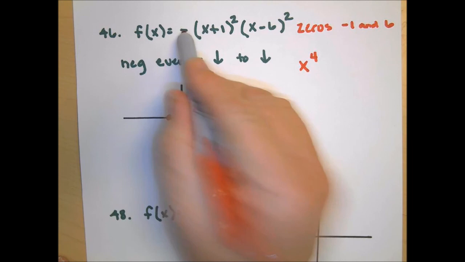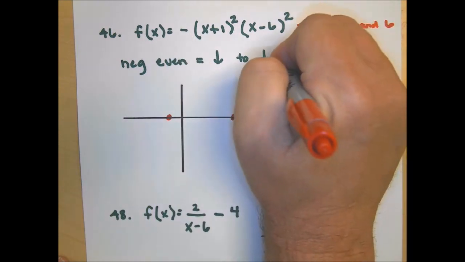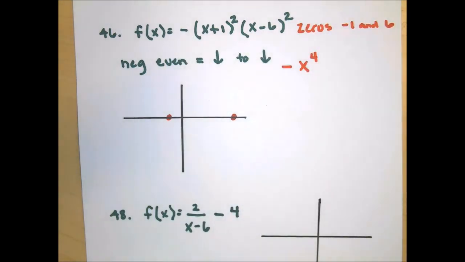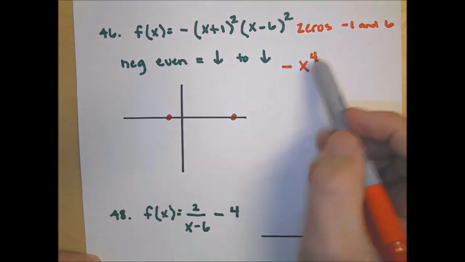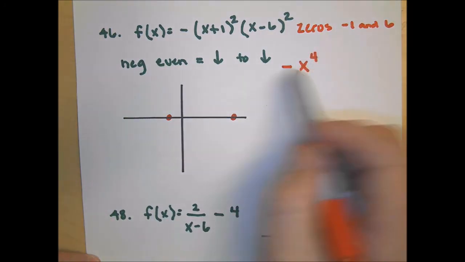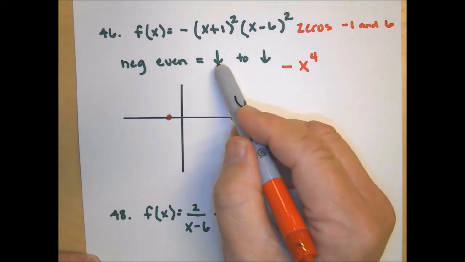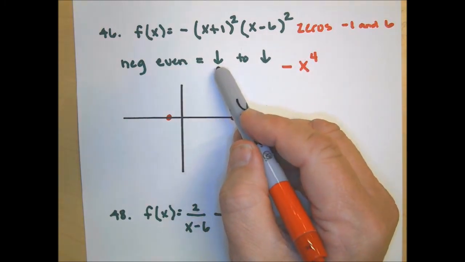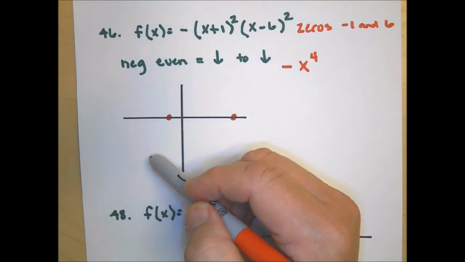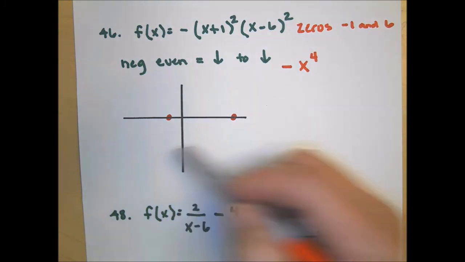But there's that negative sign right there, so it would be negative x to the 4th. So my characteristics are it's negative, but it's even, so it would be low to low. So my function is going to start low, and it should end low.